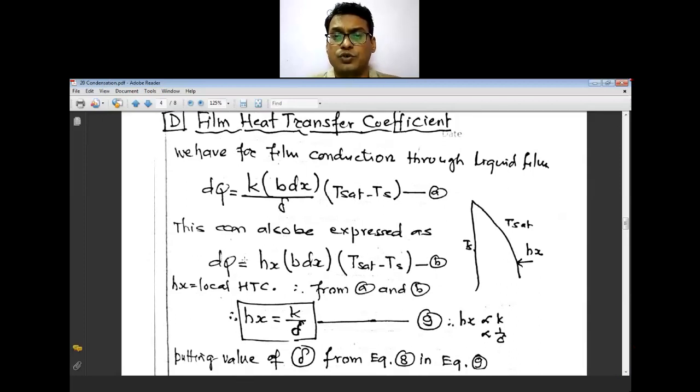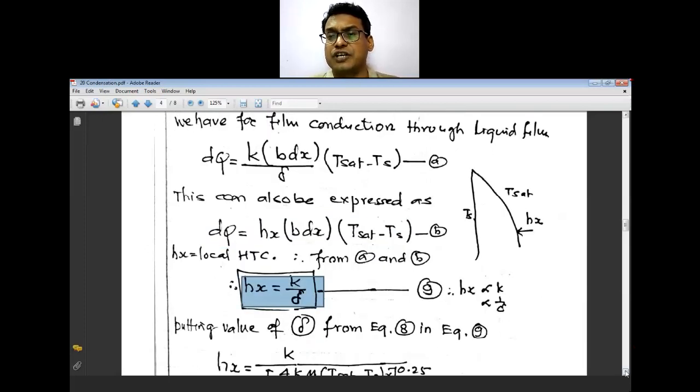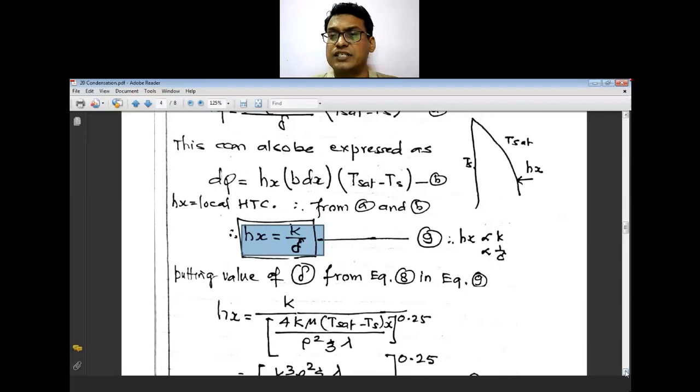So dq is equal to h into B dx into (T saturated minus Ts). These two equations can be equated. So hx is equal to k upon delta. This heat transfer coefficient depends on the thermal conductivity of the fluid and the thickness. As the thickness increases, the heat transfer coefficient decreases.